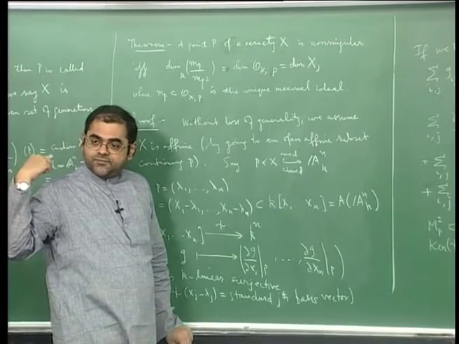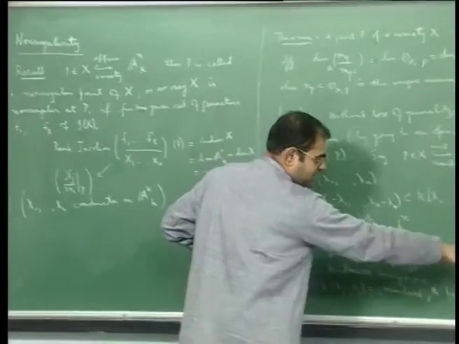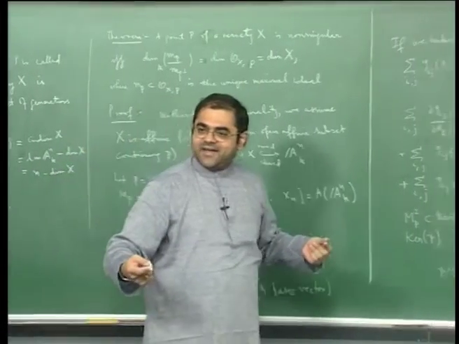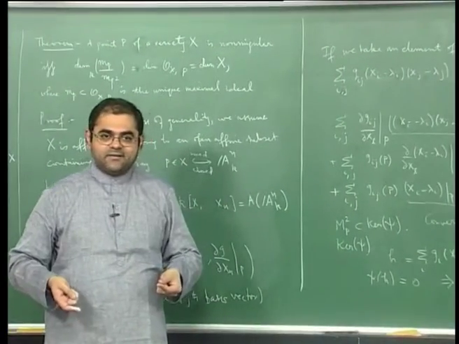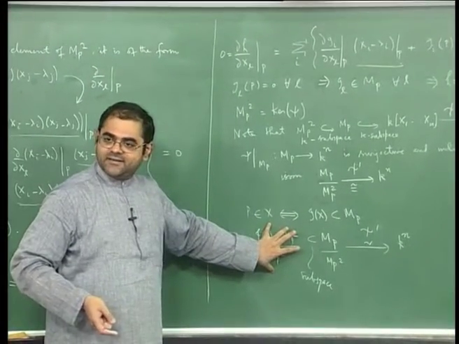So if you take the images of all these generators, I am just going to get the Jacobian matrix, and its rank is precisely going to be the dimension of the image of this. That is the connection.